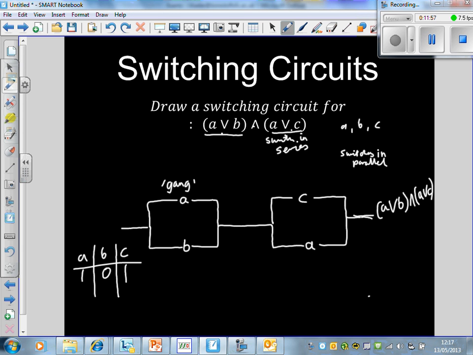Is the light at the end going to switch on? Well, it would go through here, this is fine, and it would go through here. So in this case, the state is switched on.